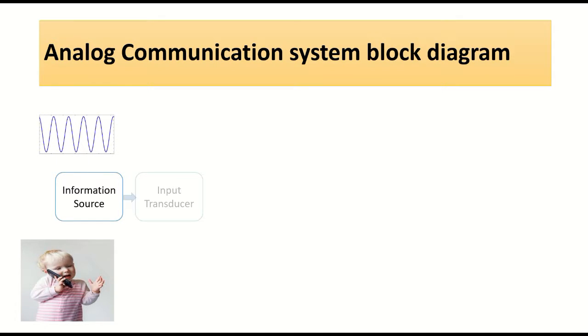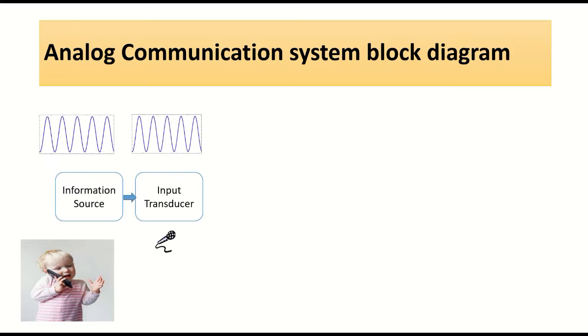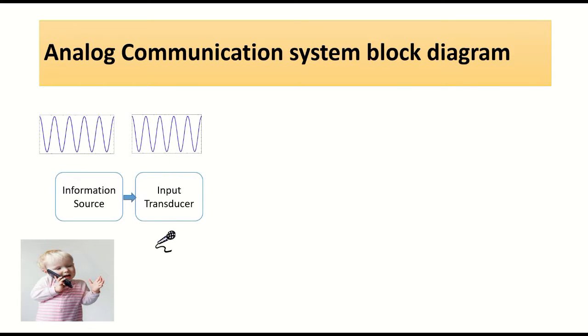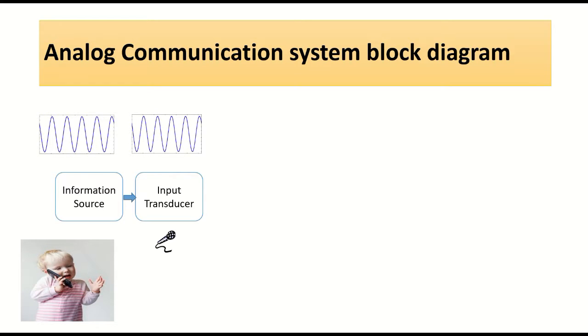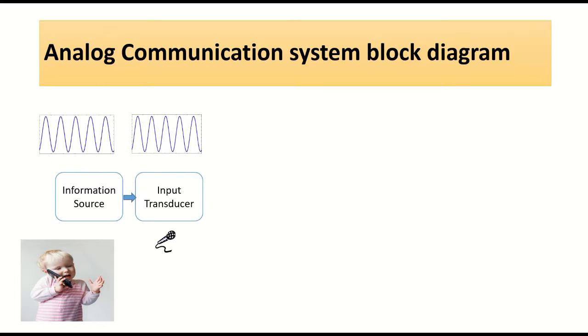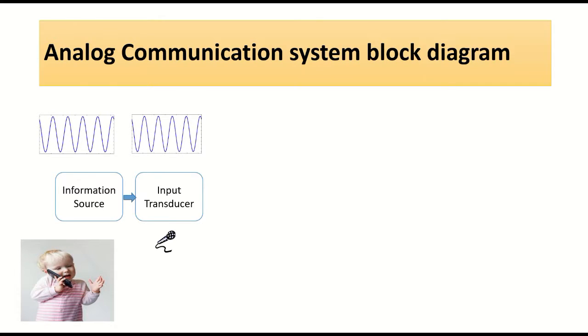For that, what we require is called an input transducer. So that voice signal is going to be caught by the mic of the mobile and converted into electrical form. I have represented the mic as an example here, which is going to convert our information into electrical form.